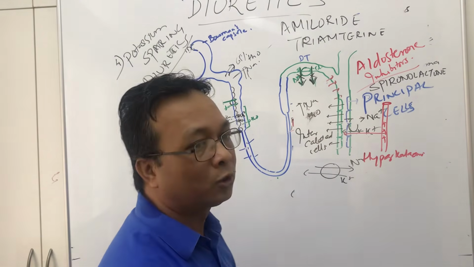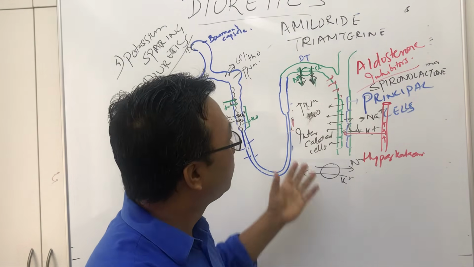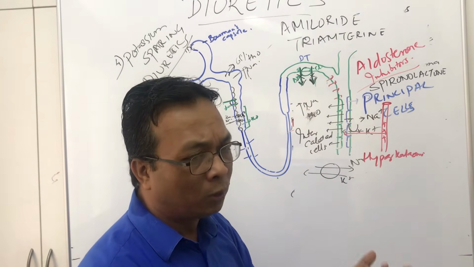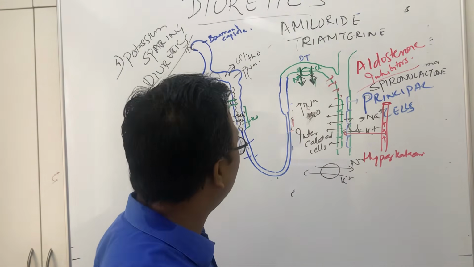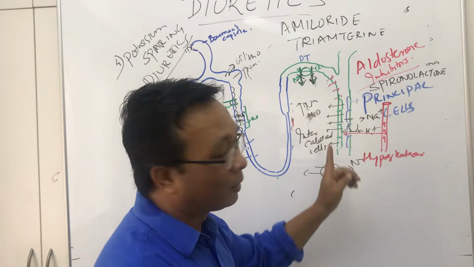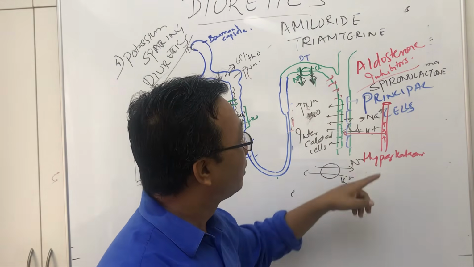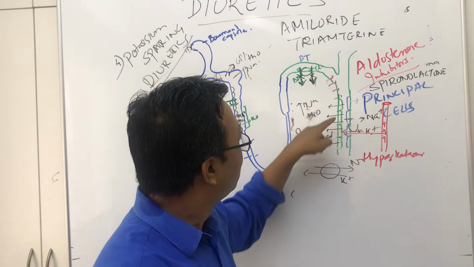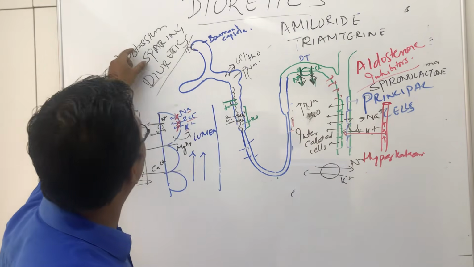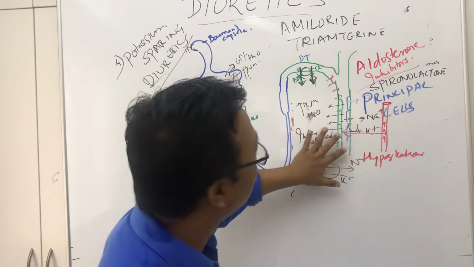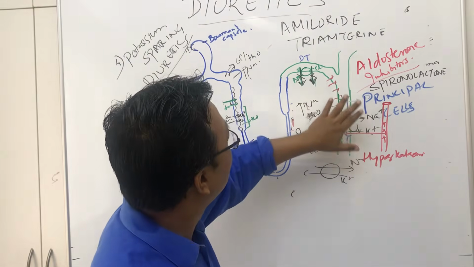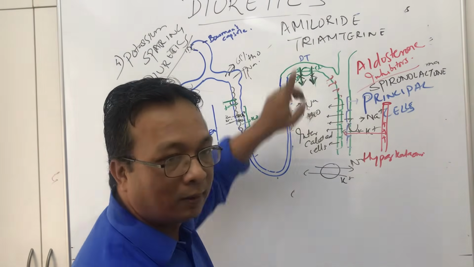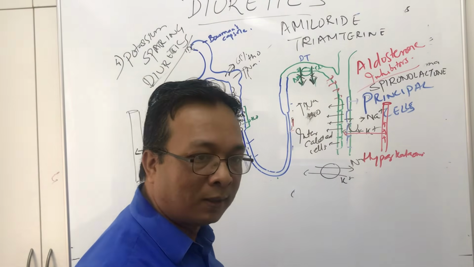This is also not a very efficient diuretic, so we use it only for a small group of edema when there is less collection of fluid. One thing is important: spironolactone also preserves potassium because it is a potassium-sparing diuretic. It doesn't let potassium go into the urine, like amiloride. Is that clear?